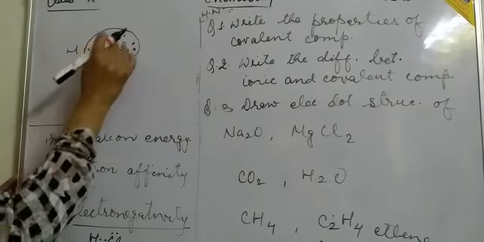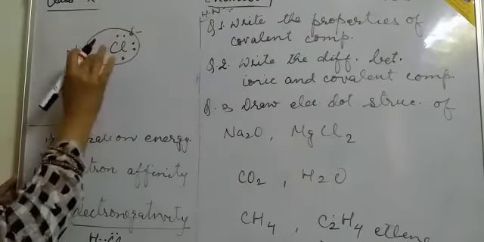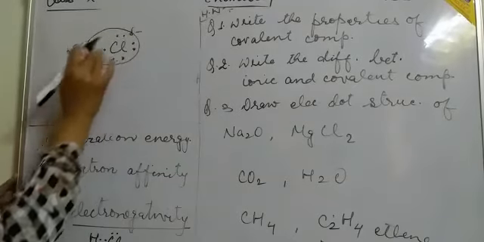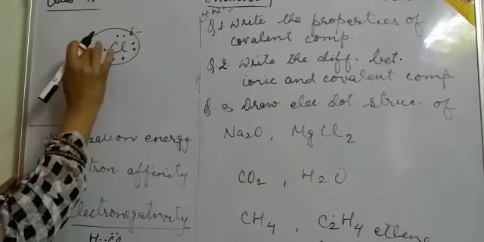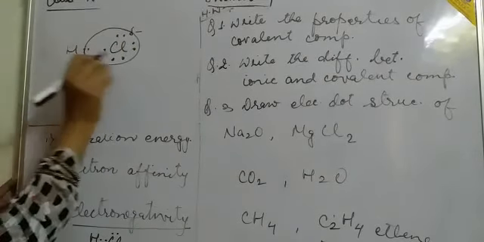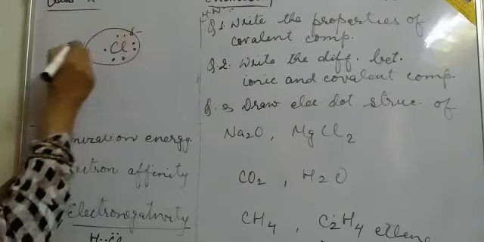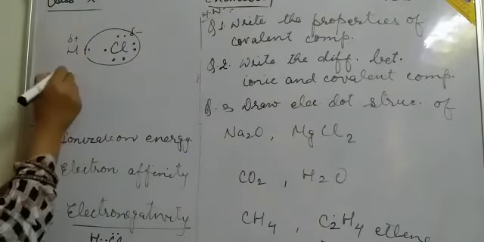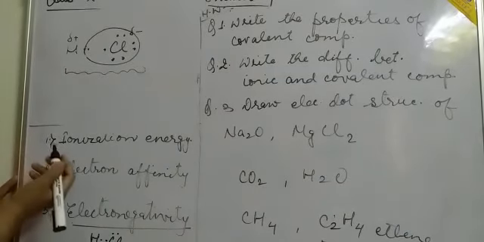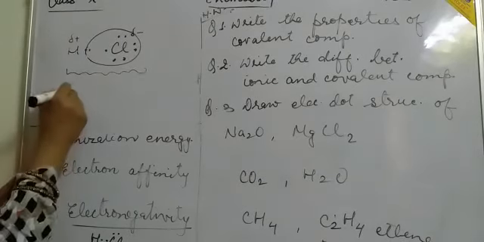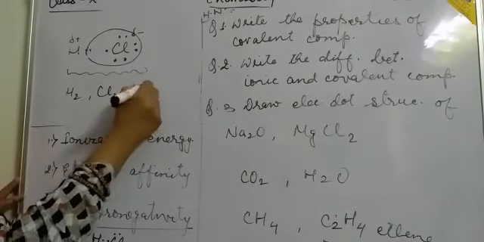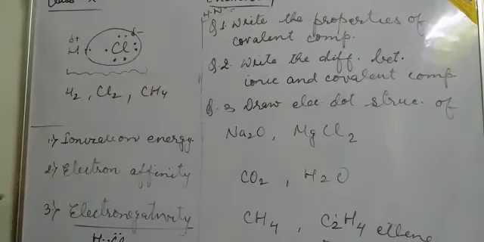Due to this, chlorine has a partial negative charge and hydrogen becomes partially positive. This type of bond is called a polar covalent bond, and bonds formed in ammonia, between hydrogens, between chlorines, and in CH4 are non-polar covalent bonds.